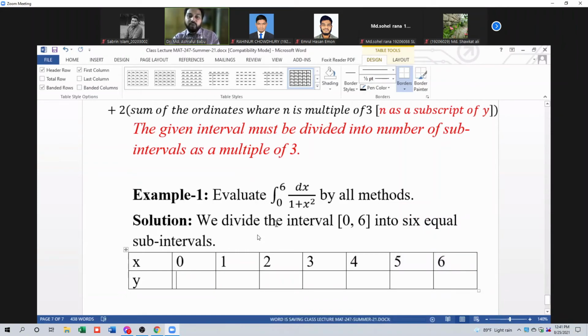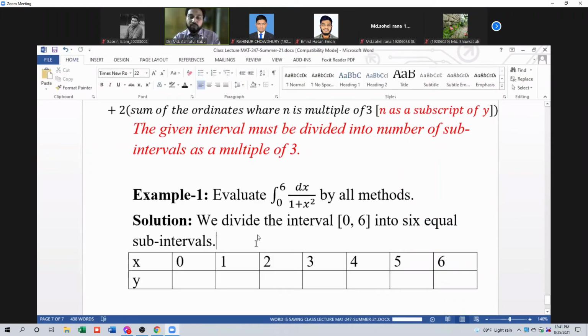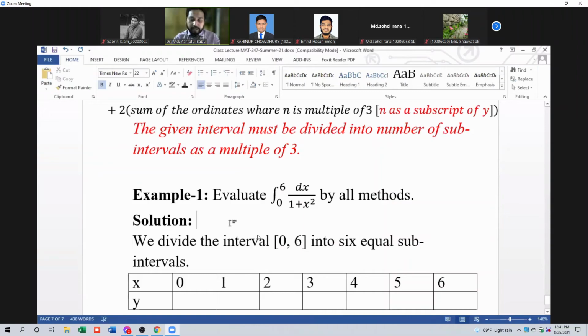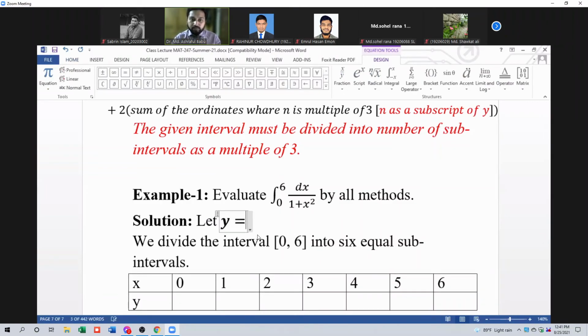So what is our function in here? Let y equal to, or we can write f of x equal to 1 by 1 plus x square.